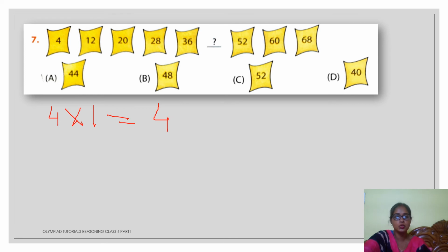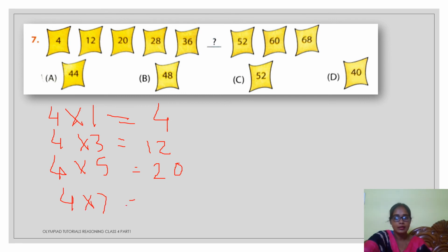Then the next number is 12. So 4 into 3, you will get 12. Next is 20. So 4 into 5 is 20. Then the next number is 4 into 7.